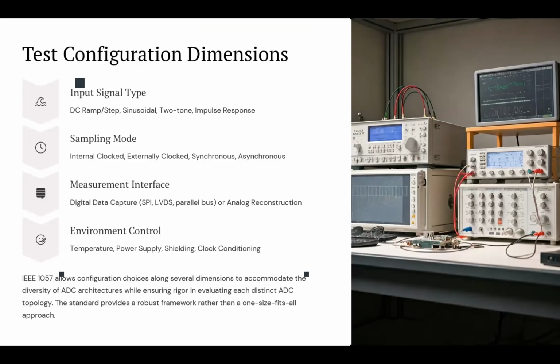Internally clocked means the ADC uses its own sampling clock, which limits the control over the sampling, but is very easy to implement. Externally clocked ADCs are more precise because we have control over the sampling clock, but they are harder to implement.